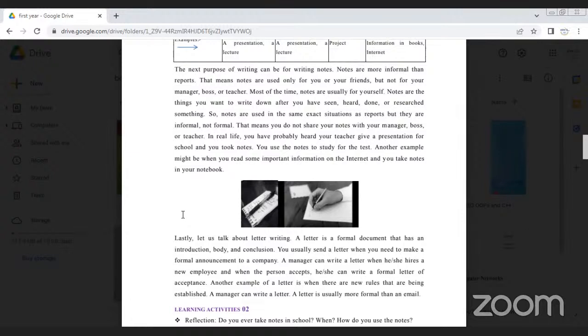A manager can write a letter when he or she hires a new employee, and when the person accepts, he or she can write a formal letter of acceptance. Another example of a letter is when there are new rules being established. A manager can write a letter. A letter is usually more formal than an email.